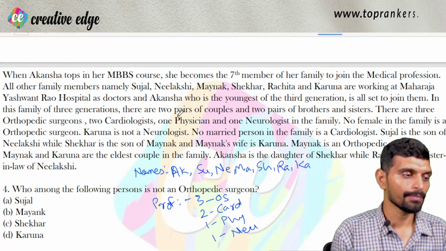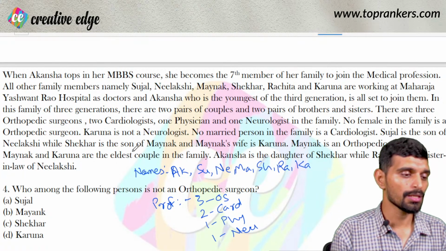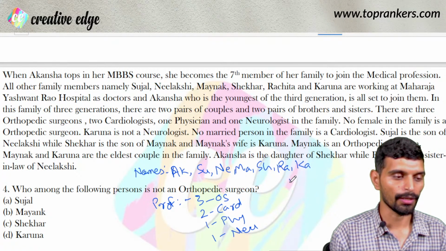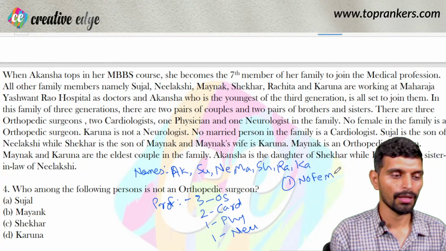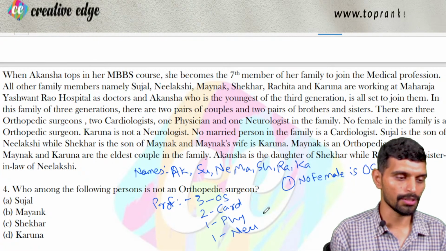Now let's see. Clue number 1 says no female in the family is orthopedic surgeon. Karuna is not neurologist.